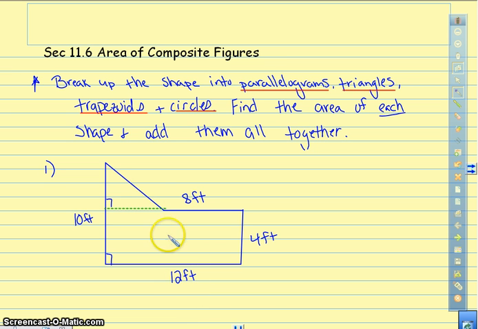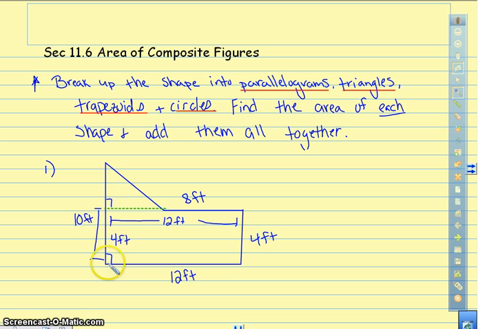Now you're going to have to use your reasoning skills here. Within this rectangle, it's 12 by 4, which means this whole measurement here is also 12 feet. If this height is 4 feet, that means this height would also be 4 feet. We know this because we know what a rectangle is.